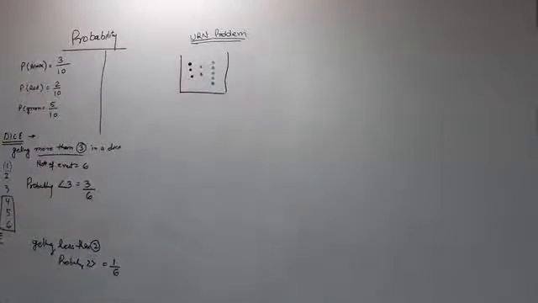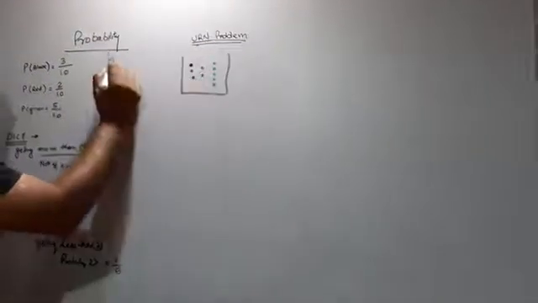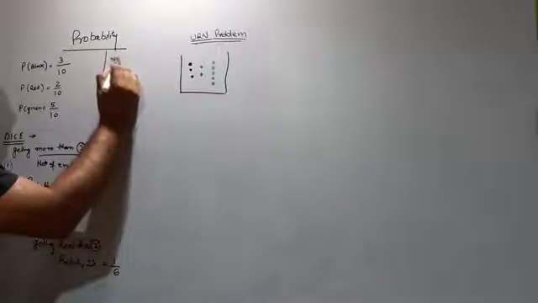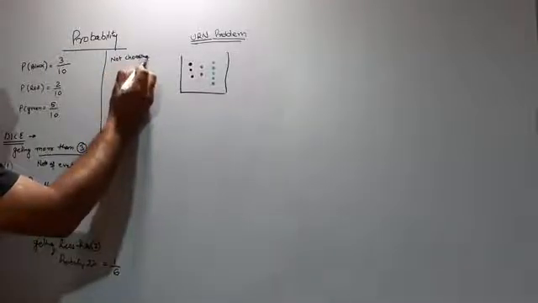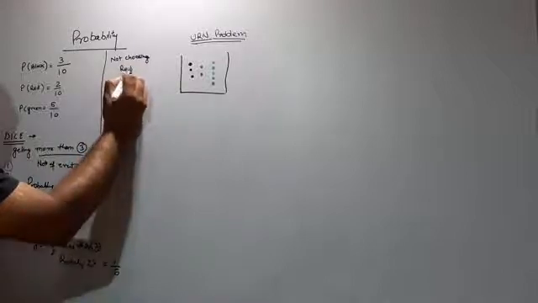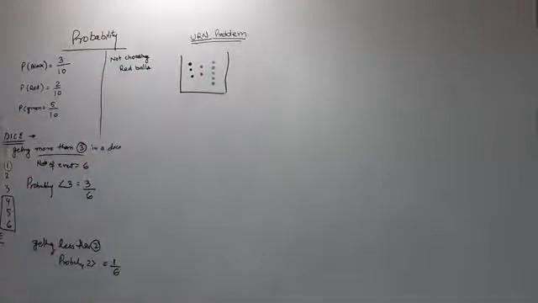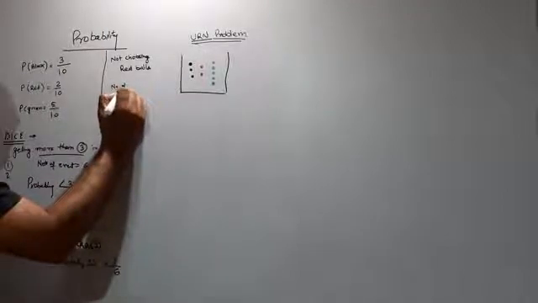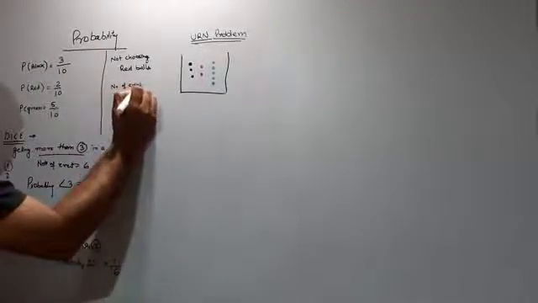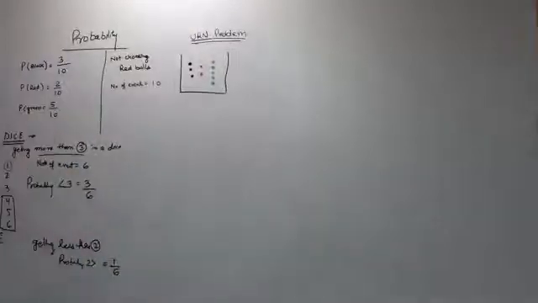So in urn, if we can ask, what is the probability of not choosing red balls? What are the number of events? We will count similarly. The number of events are same. That is 10 events.